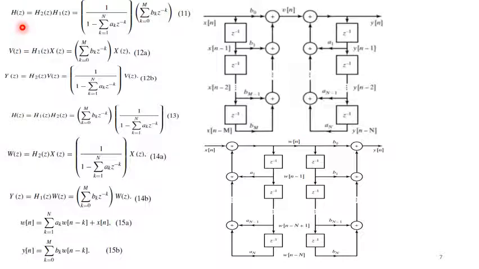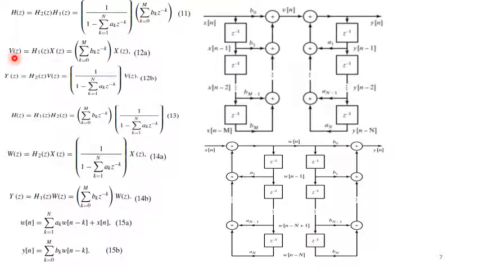If we write it mathematically, H of z is the overall system response. So H of z equals H2 of z times H1 of z. The term containing the poles we denote by H2 of z, and the zeros we denote by H1 of z.